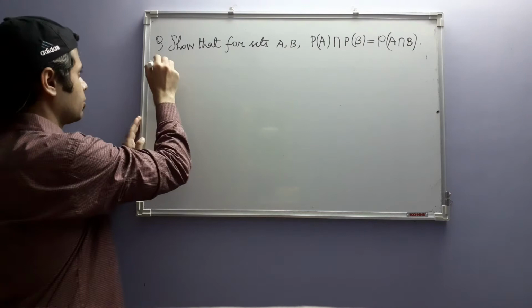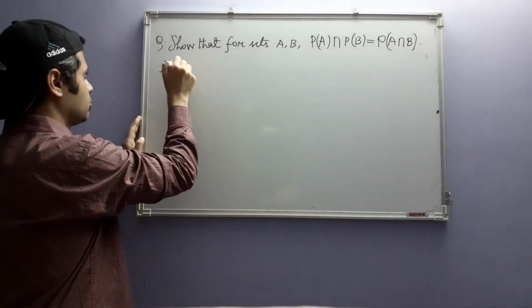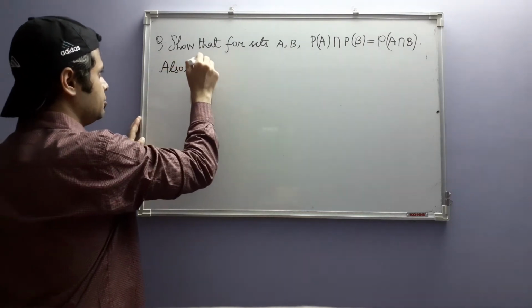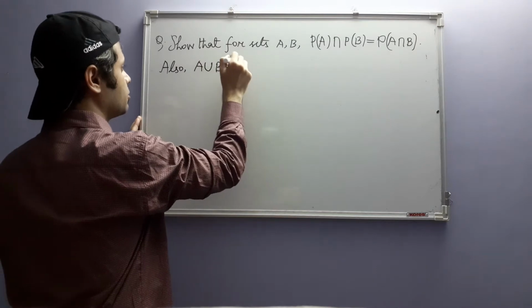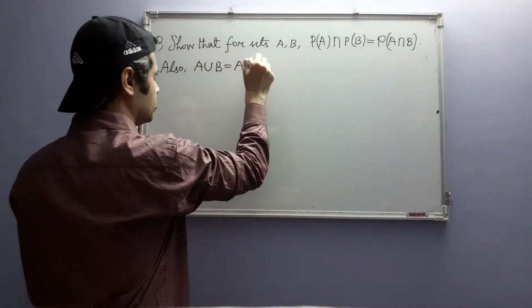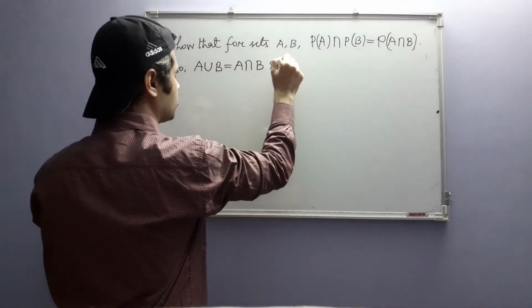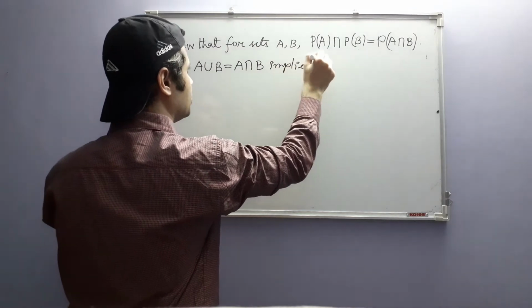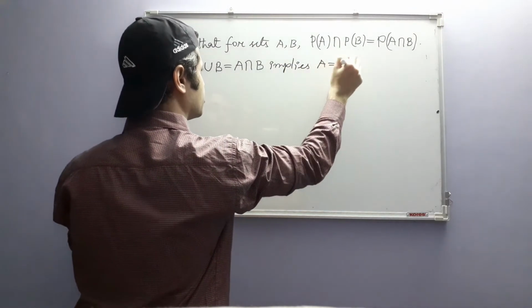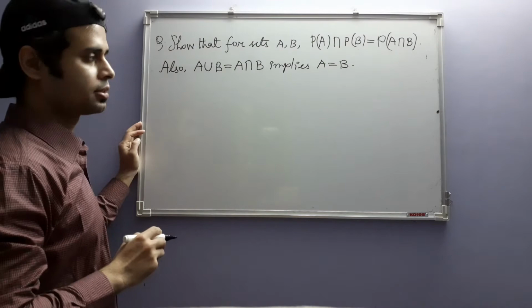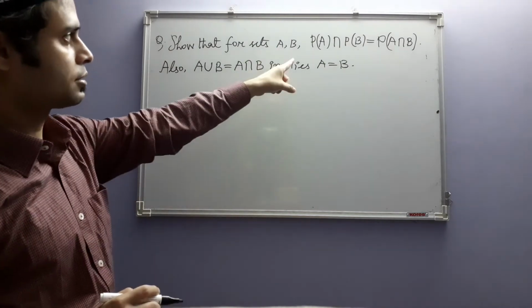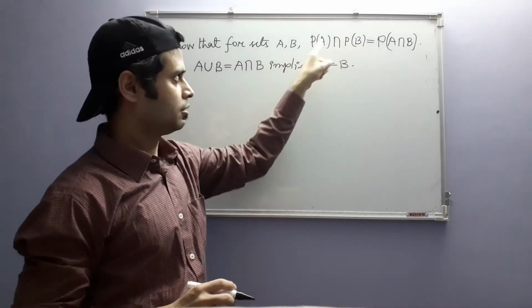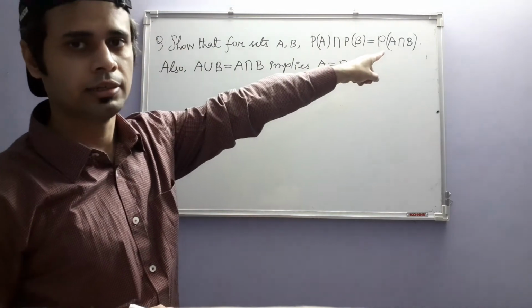Also, A union B equal to A intersection B implies A is equal to B. So this problem has two parts. The first part asks us to show this identity.